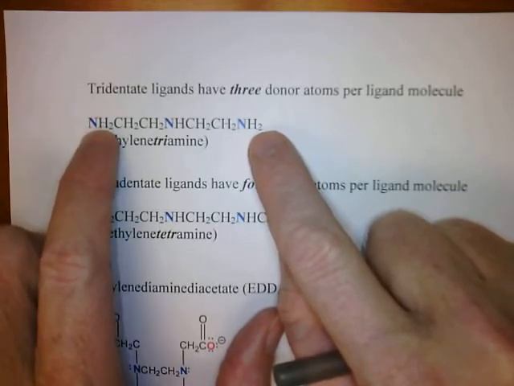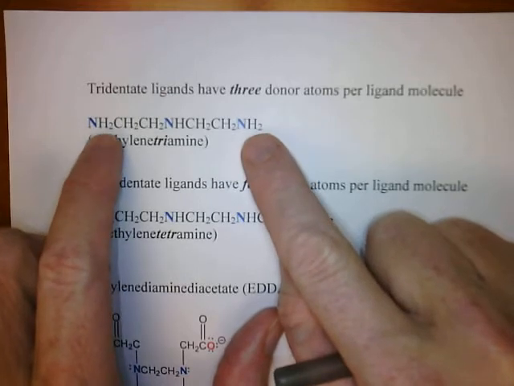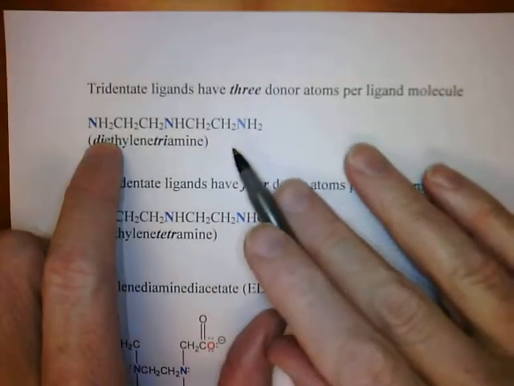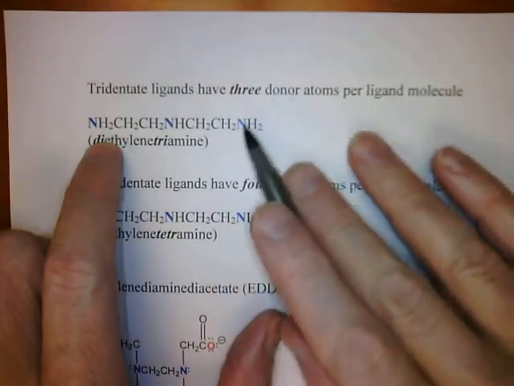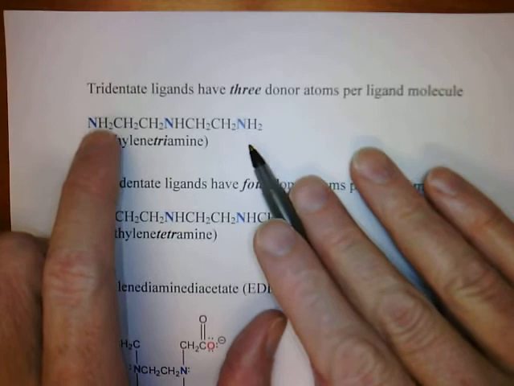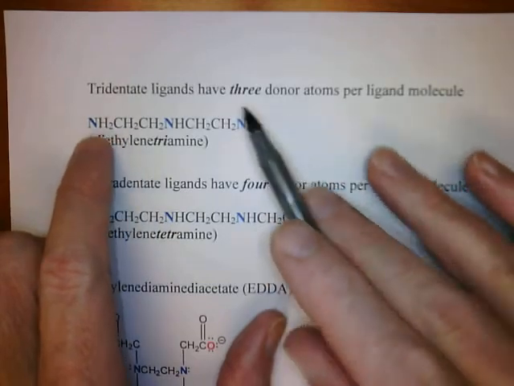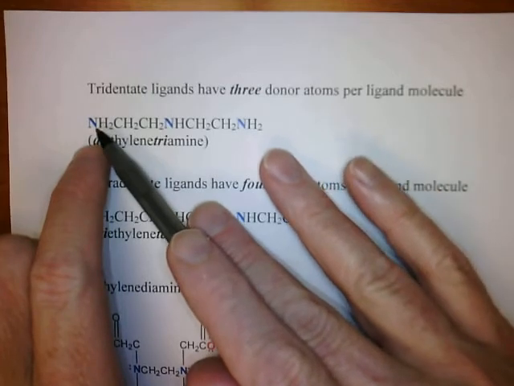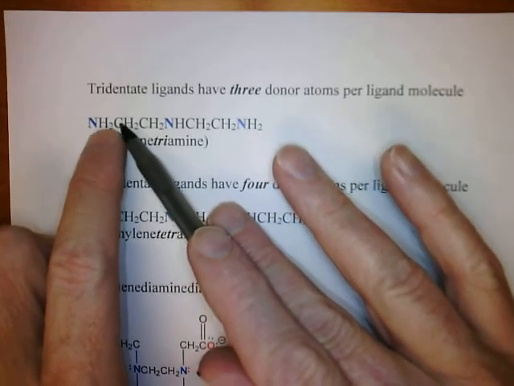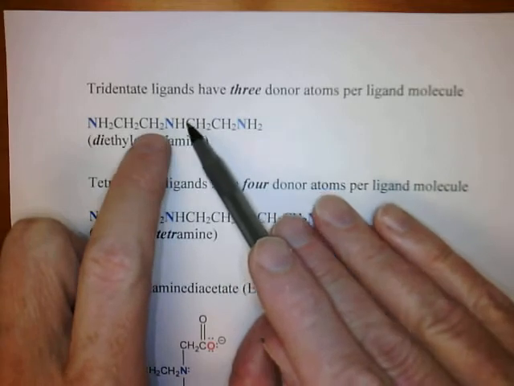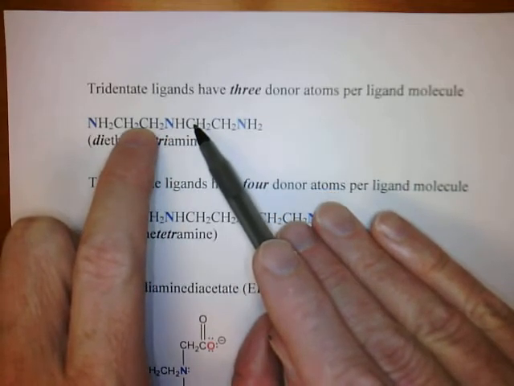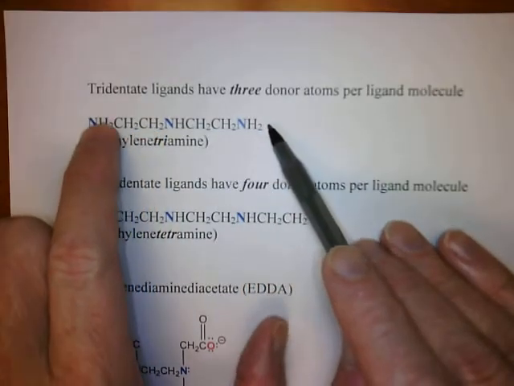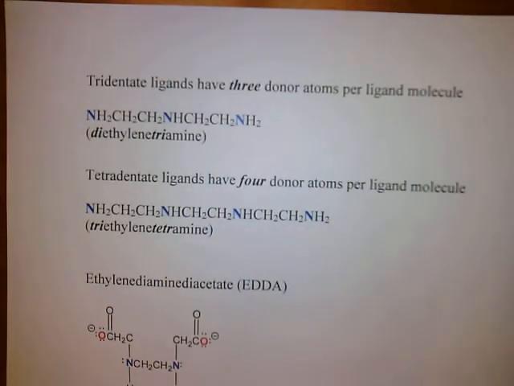Now, there's something else I want you to note here too: nitrogen typically forms 3 bonds. So the nitrogens on the ends are NH2 groups because they only have one other bond, and that's to the carbon. But the nitrogen in the middle is bonded to the 2 carbons, so it only has a single H. The ones on the ends are NH2, the one in the middle is NH.